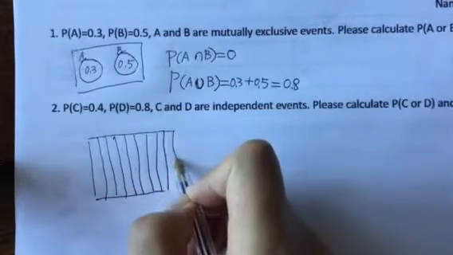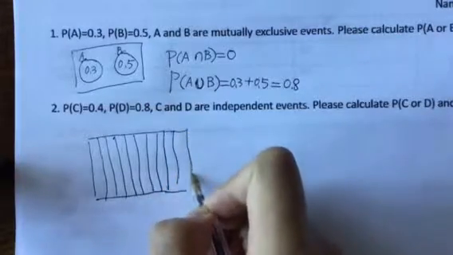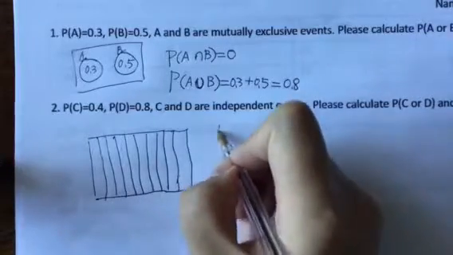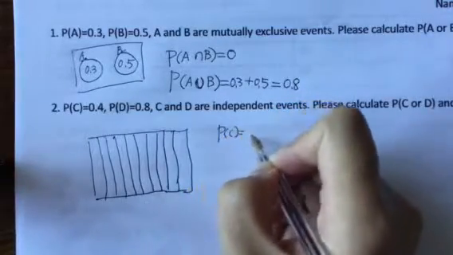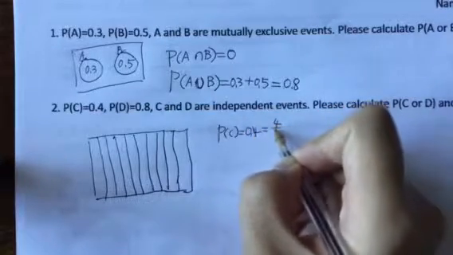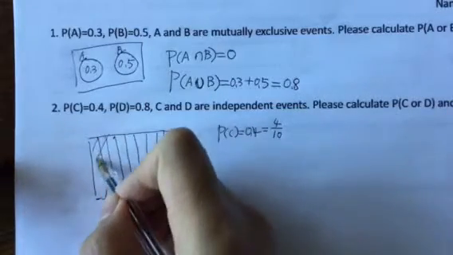I'm trying to make it 10 to illustrate the 40% of the time, because that's the key thing. So probability C is 0.4. That also means 4 out of 10.